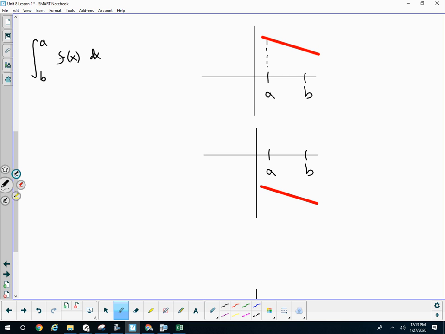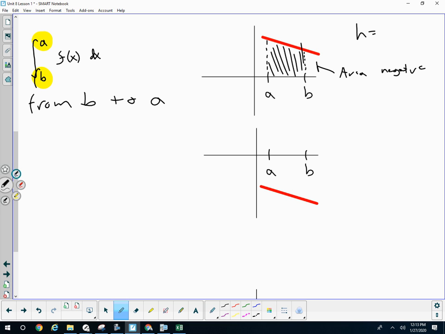Well, we assume that things above the x-axis, the areas are positive. But no, that's not the case here. This area is negative. Now notice why it's negative. It's because this is from B to A. Order matters.